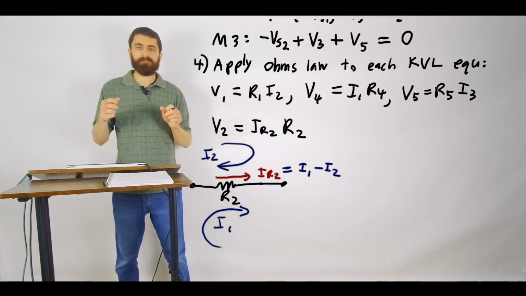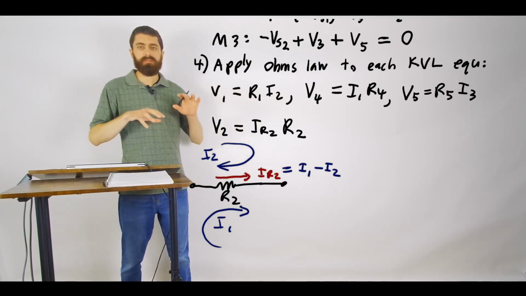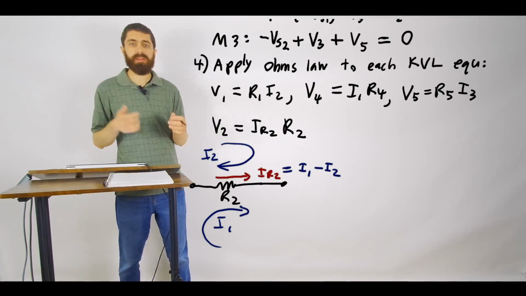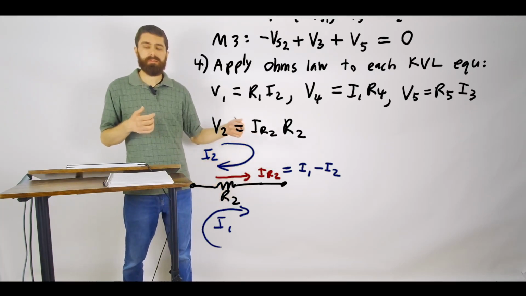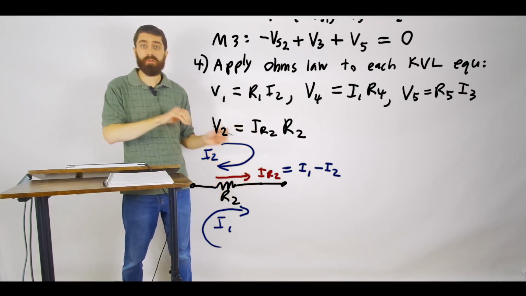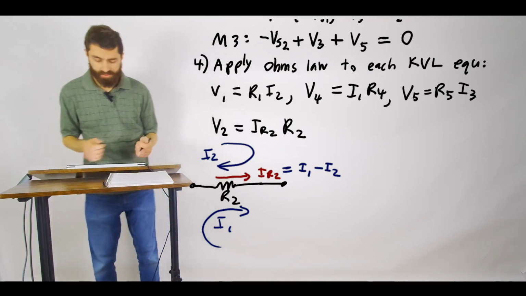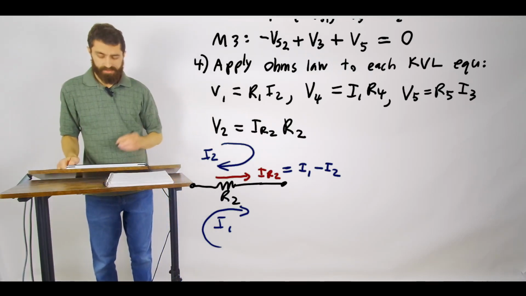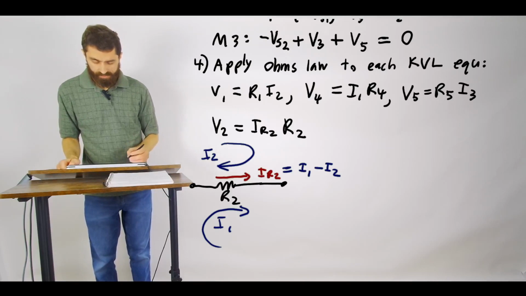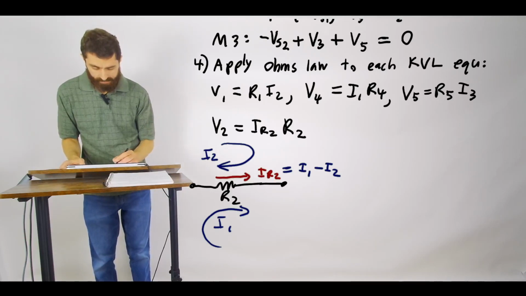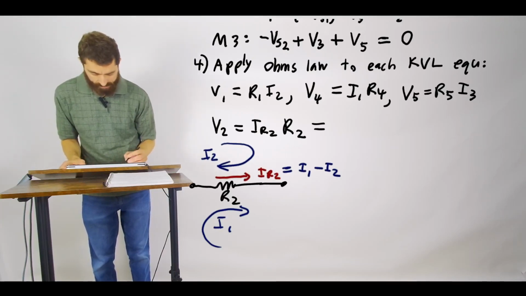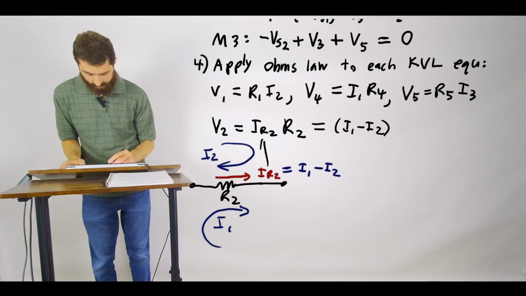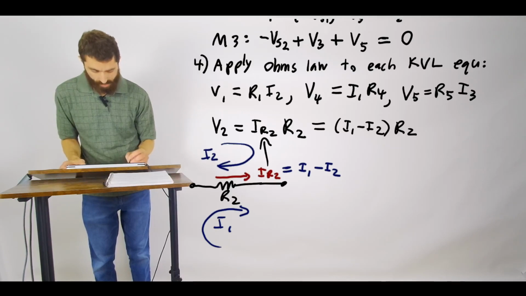It's basically a mathematical tool for expressing the current through the resistor in terms of your mesh currents. So that's I1 minus I2. That means your V2 is going to be equal to I1 minus I2, just plugging that in, times R2.